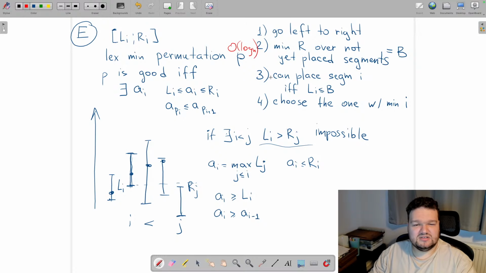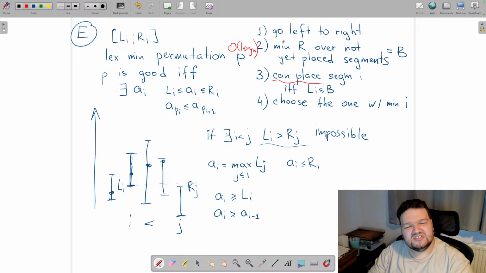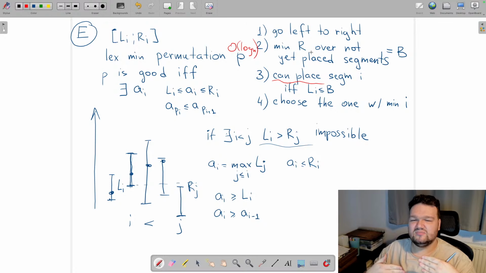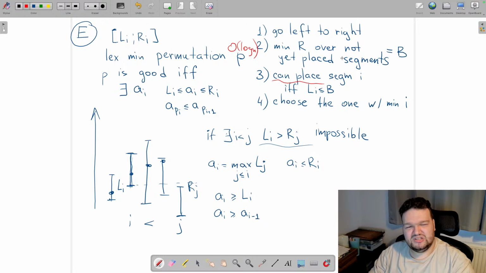And then step number 4 is the step where we choose something. To do this, we want to maintain a set of all segments that we can place, sorted by index. And it is not hard to see that from this set we will only be removing some numbers, so the minimum can only go higher. So this number B will only increase with time.